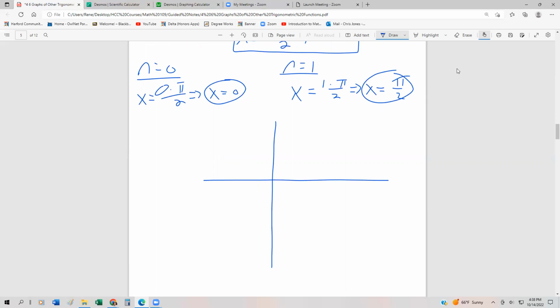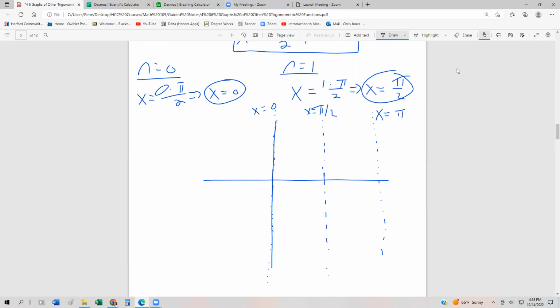Now if we were to graph the function, we know that one asymptote is just going to be the y-axis. Imagine that this is one of the asymptotes, and right here it's going to be pi halves, so this would be x equals pi halves, and this would be x equals 0. If we really wanted to, we can get another one by adding pi over 2, so this would be x equals pi.